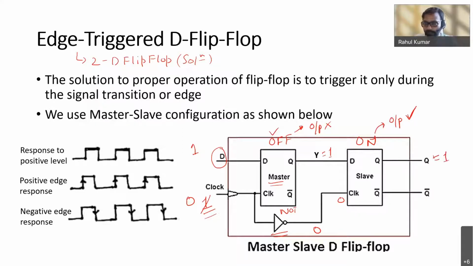So what is happening is, if I try to represent it in the square wave, when the square wave is high, output Y changes to 1. This is the output of the master flip-flop. Now when this clock pulse goes back down to low level or 0, then my output Q is changing.